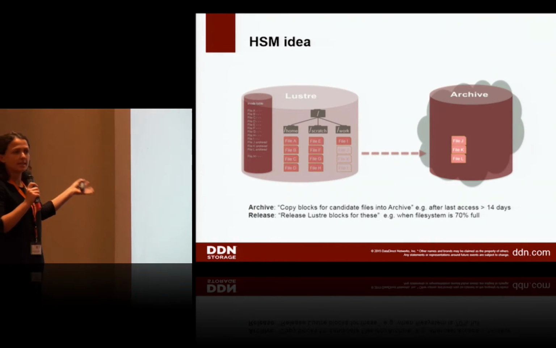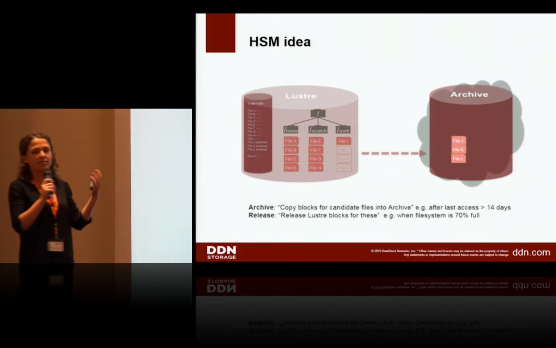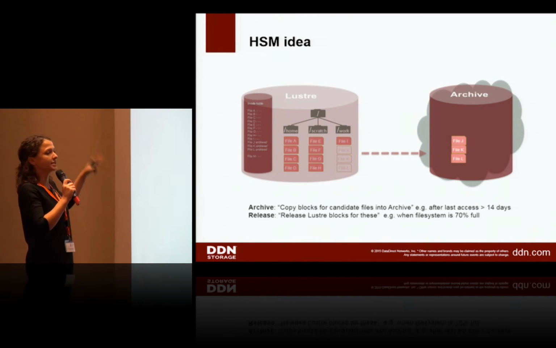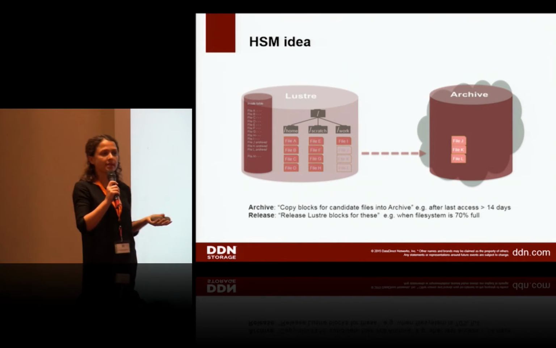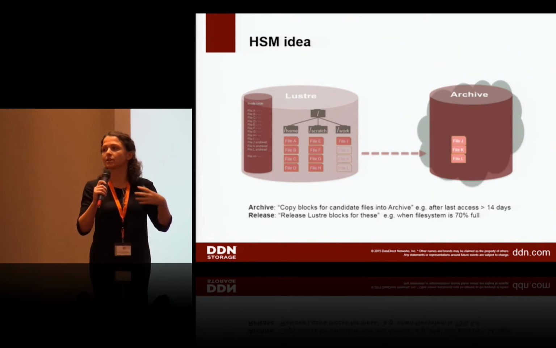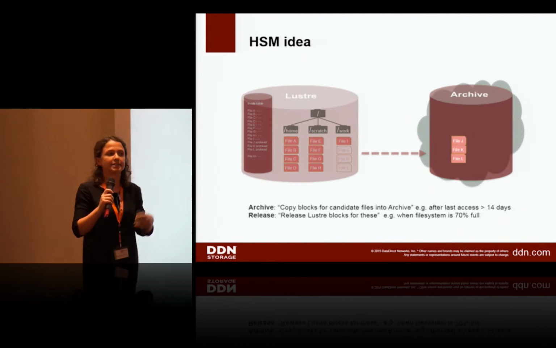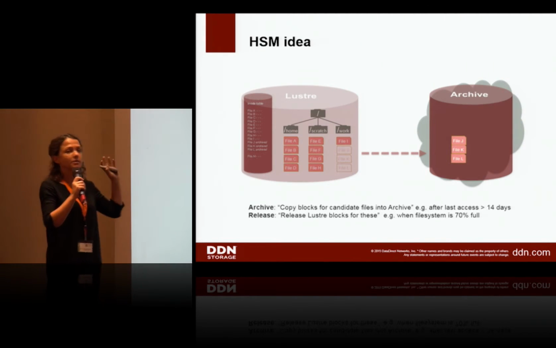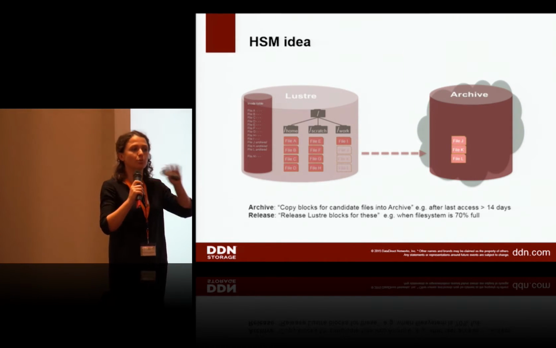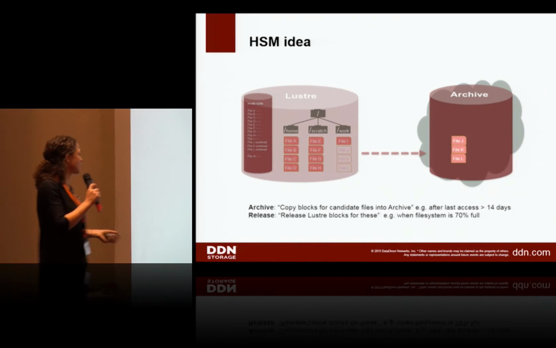The HSM idea, most of you are already familiar with. We have a file system in production, with a number of directories and files, and as long as this file system is in production, most of the data is not used on an everyday basis. So we use archiving to save space on Lustre, and to have a safe backup copy.